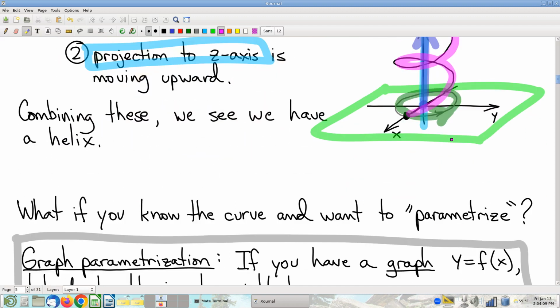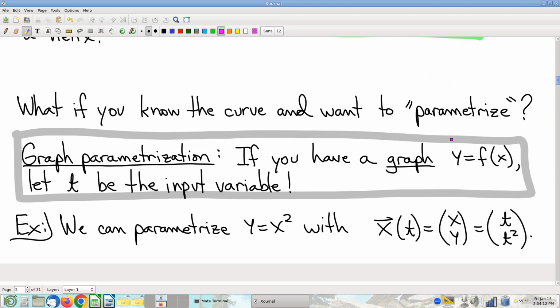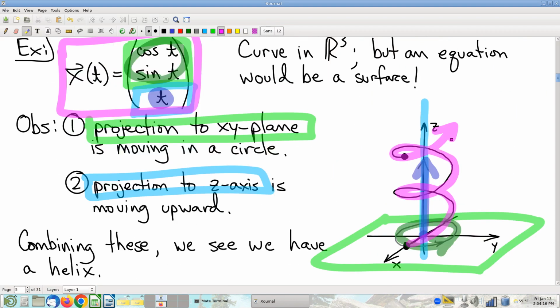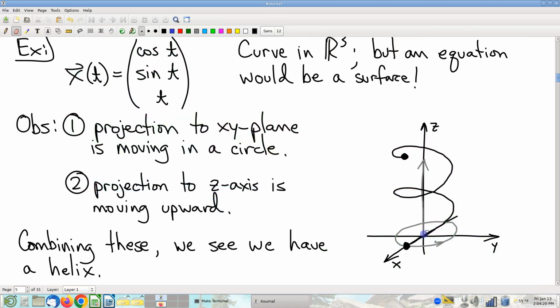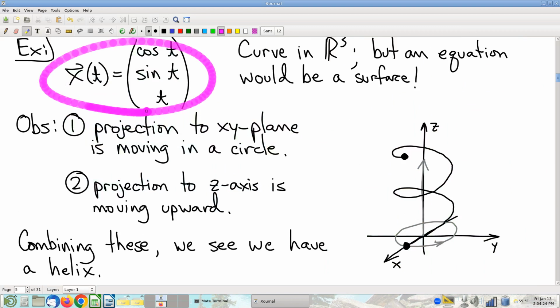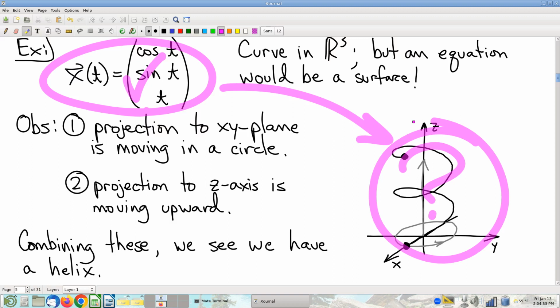All right. So, I'm going to turn now to a different question about parameterizations. Actually, I'm going to come back up here and real quick point out that what we did in this question is we were given a parameterization, and what we tried to figure out is what's the curve.